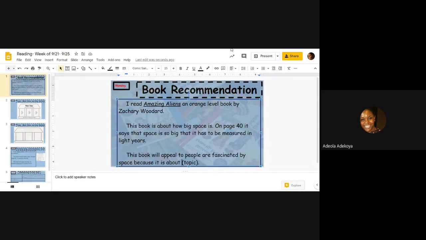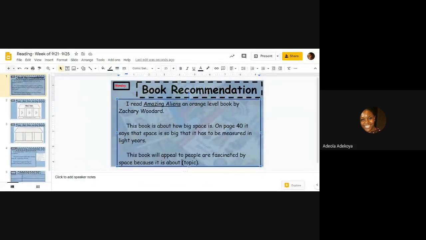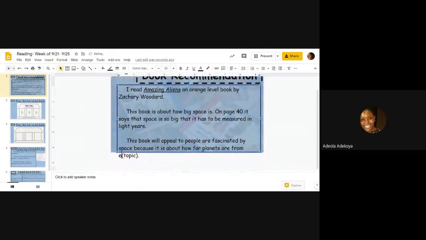There are many reasons why they would like this book. It talks about the distance from one planet to another. So I can say that as well. Because it is about the distance, or how far planets are from each other.